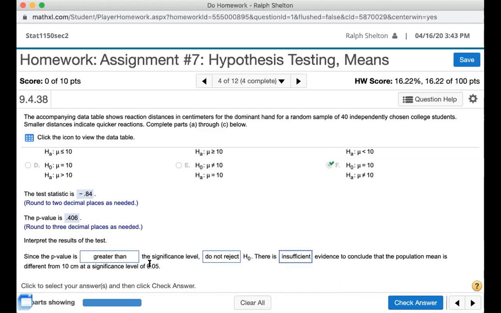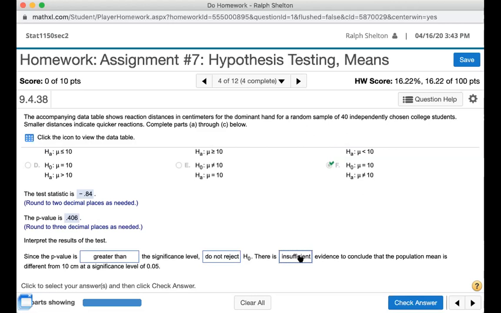at the 0.05 level, because your t star value changes with, you know, for every different alpha level, you have a different t star value, which is the same thing as saying for every different confidence level, you have a different t star value. So at this particular confidence level, which is 95%, there's insufficient evidence to reject it.